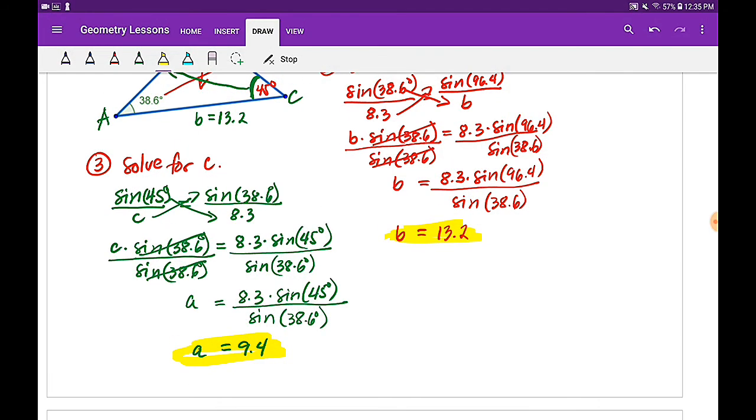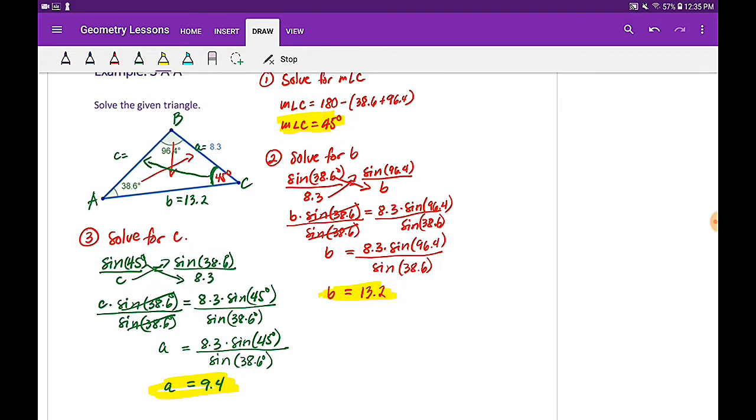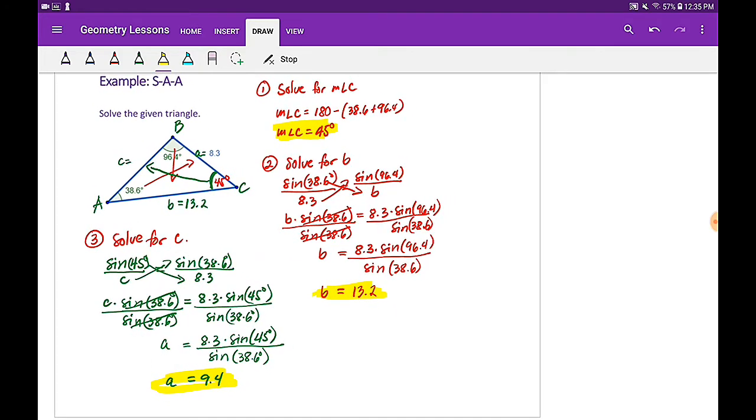So now we have solved all the parts of triangle ABC. Actually, I switched to A by mistake. It's going to be C is equal to 9.4 units.